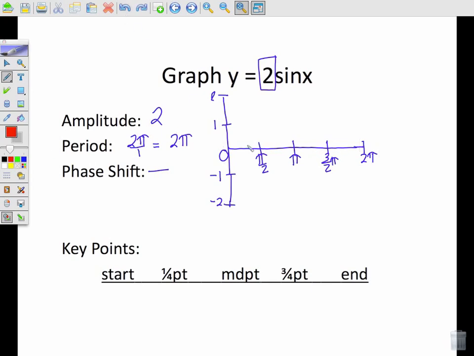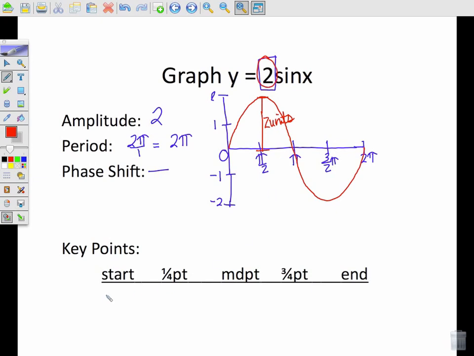The sine curve looks like this. It goes up and has a maximum point at pi over 2. It comes back down and crosses through at 0, -2 down at the third quarter point, and then back to 0 again. So the difference is the amplitude here from the x-axis going up is 2 units.